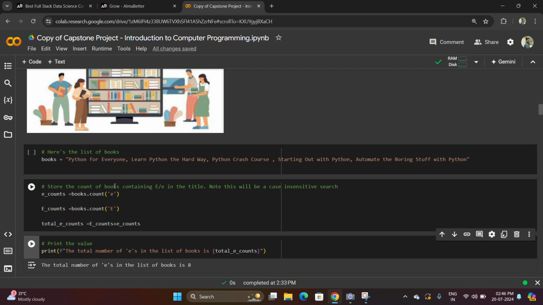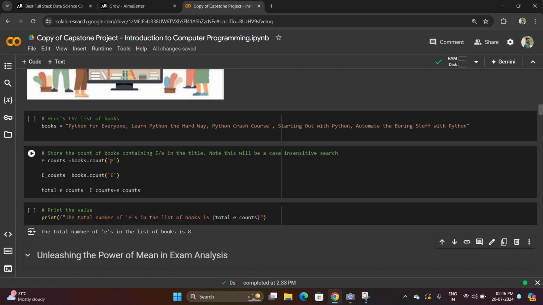So store the count of books containing capital E or small e in the title. Now this will be case sensitive, and finding the small e will be like, see, all the book names are stored in this variable named books. So with books dot count, we have to count how many small case e are in the variable books.